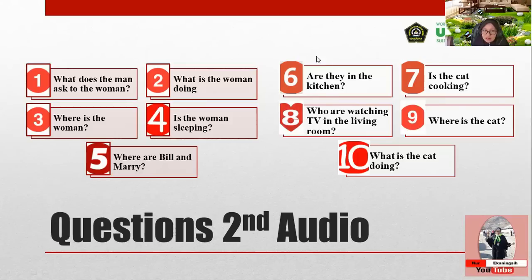It means they refers to Bill and Mary. Are they in the kitchen? Number 7, is the cat cooking? Number 8, who are watching TV in the living room? And then number 9, where is the cat? Number 10, what is the cat doing?